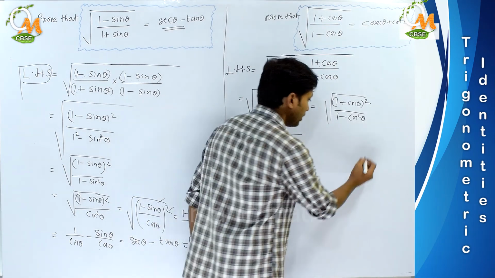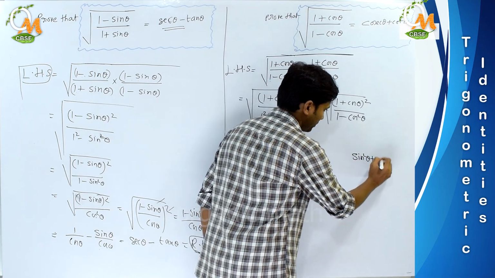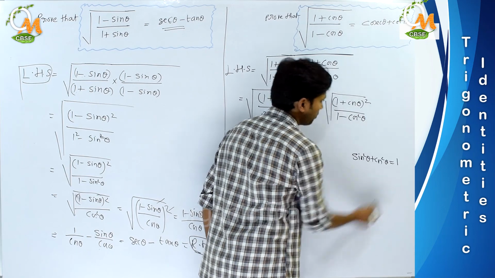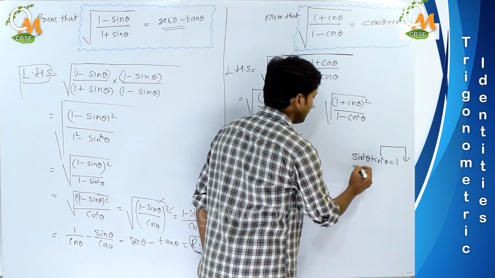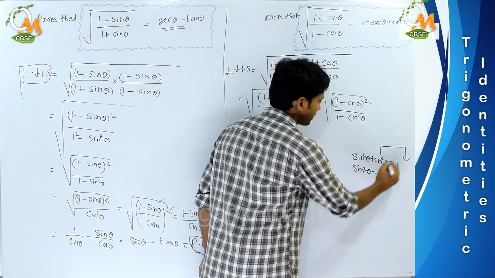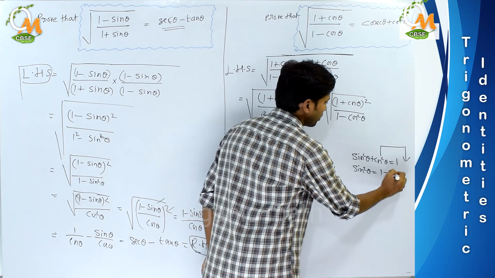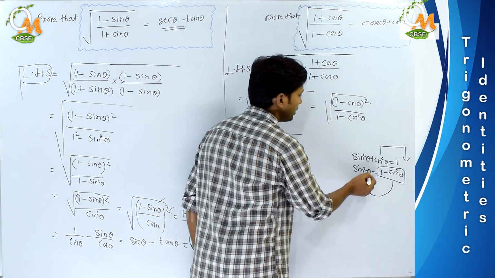Again take the advantage of sin square theta plus cos square theta equal to 1. If you take this cos square theta to the other side of the equation, the sign changes to minus. So therefore 1 minus cos square theta, we can always replace with sin square theta.